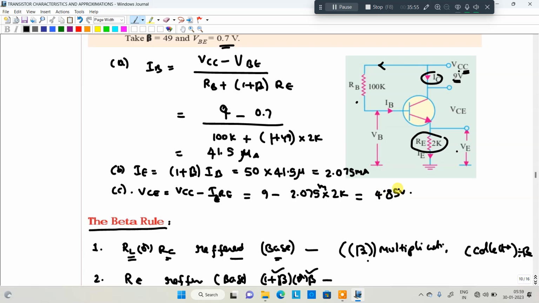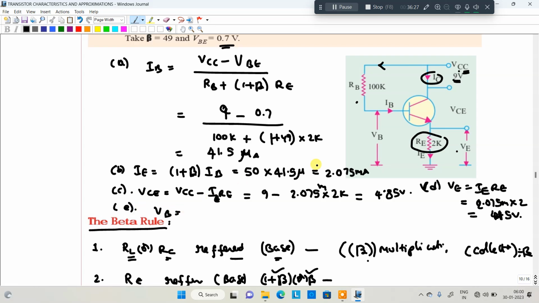Next, they are asking about VE, part D. VE is equal to IE into RE. IE is 2.075 milli, and the RE value is 2K. That will be equivalent to 4.15 volts. At the last, part E, they want VB.